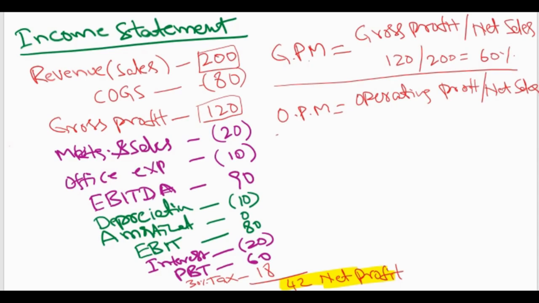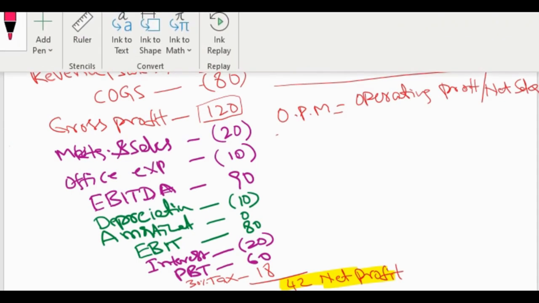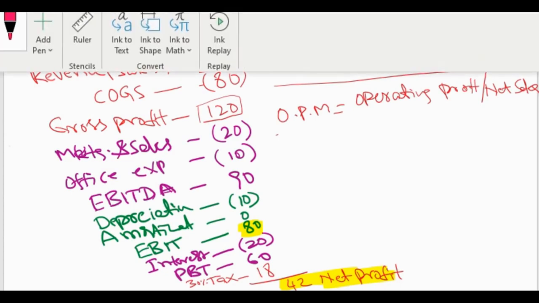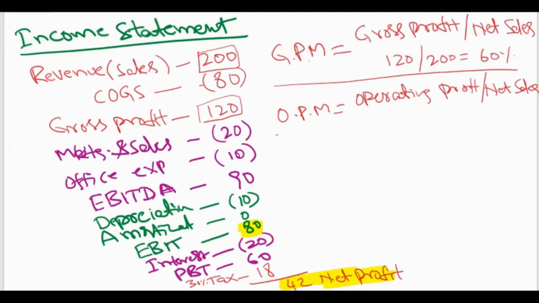Operating profit is 80, and net sales is 200. So operating profit 80 divided by 200 equals 0.4, which is 40%. So this is the operating profit margin.